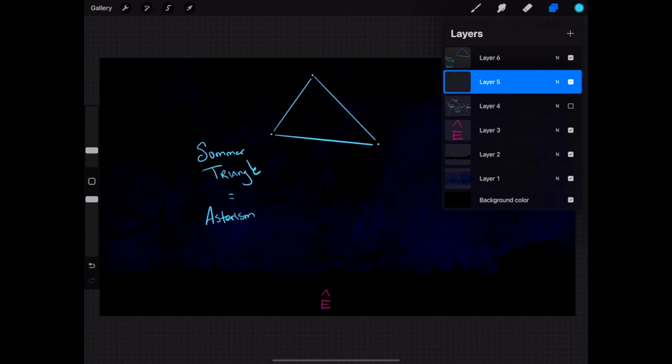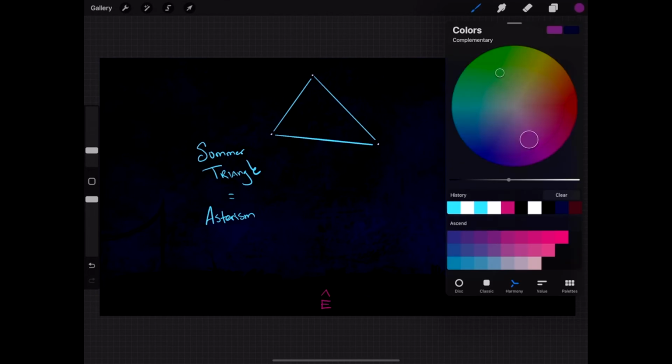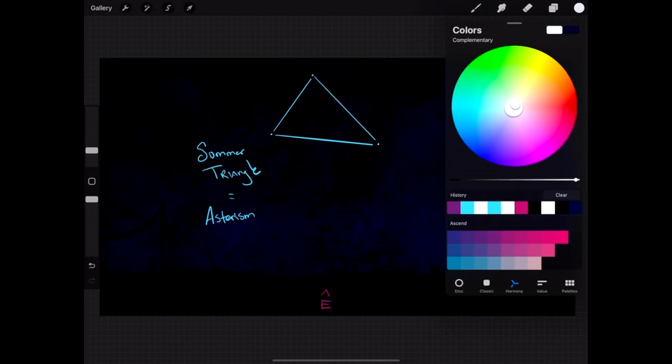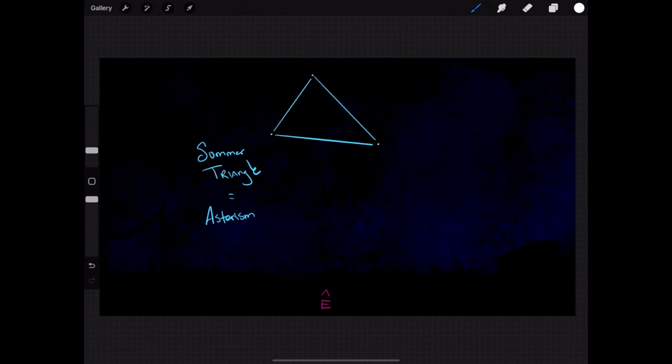Let's go back to this star layer. Get our star color back out. Ooh, not purple. Our star layer back out. And if you look right in the midst, and you'll need a fairly dark sky to see this, but it'll be in the midst of the right-hand side. If you're looking to the east, it'll be the right-hand side of the triangle.